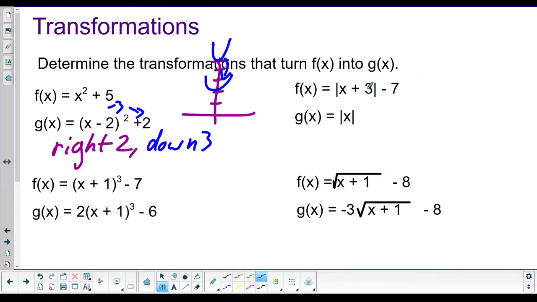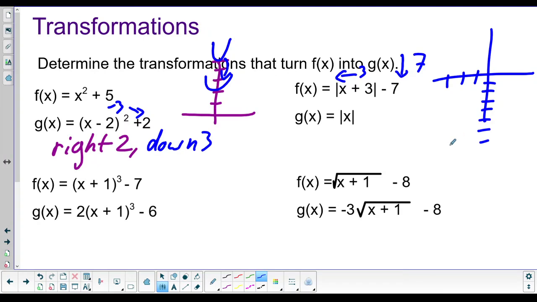Good? All right, next one. This one is going left 3 and down 7. And this one's not doing anything. It's just sitting at the origin. So to get from here, 1, 2, 3, 1, 2, 3, 4, 5, 6, 7. To get from here back to here, what do you have to do?